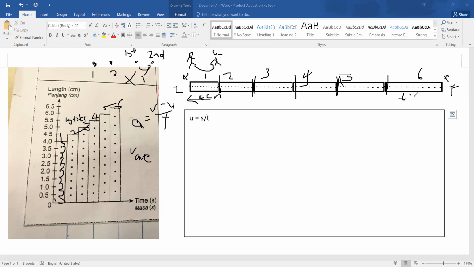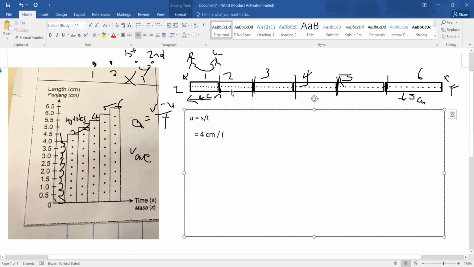So the last one is 6.5 cm. So U equals S over T. And you know that 4 cm divided by, there are 10 ticks, and for one tick it is 0.02 seconds, so 10 times 0.02 seconds. And you should get the answer.